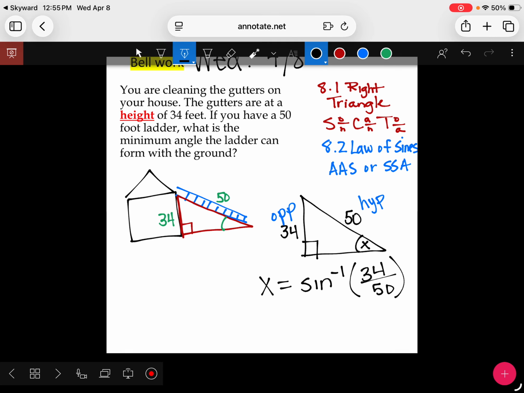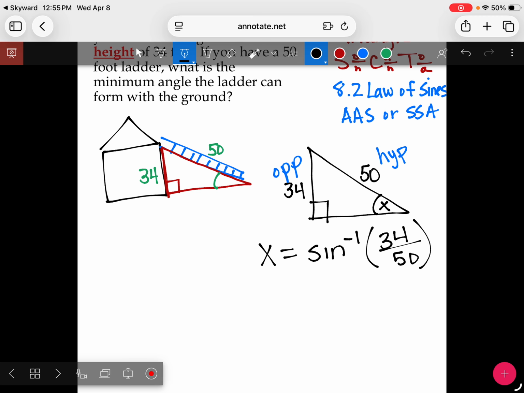All right, let's just say you don't recognize that. Either way, you will need to recognize that this is a right triangle though. You could also do the law of sines. Do I have an opposite pair? Do I have an angle and a side that I know? An angle and an opposite side? Yeah.